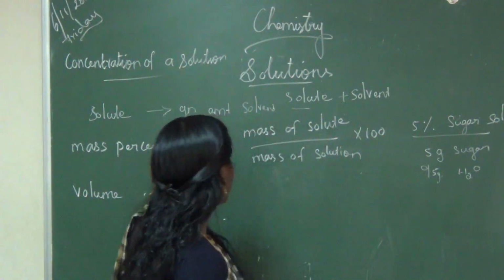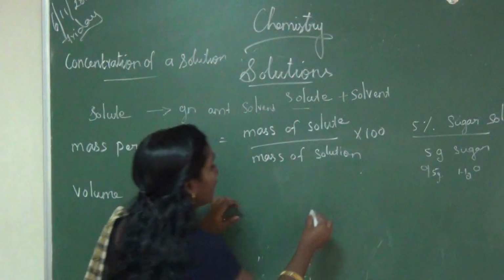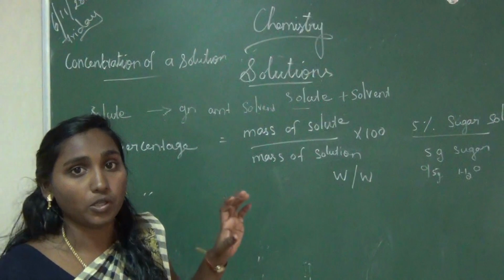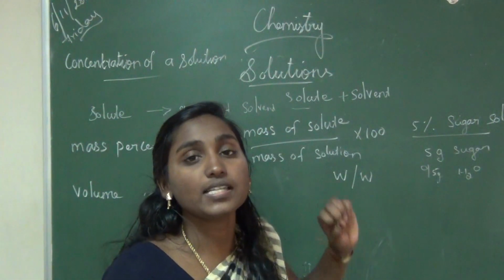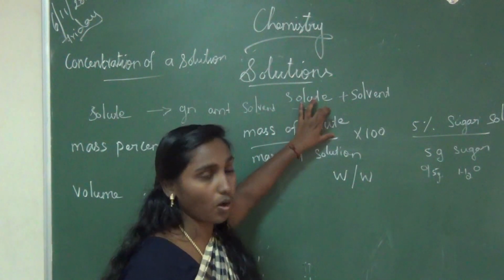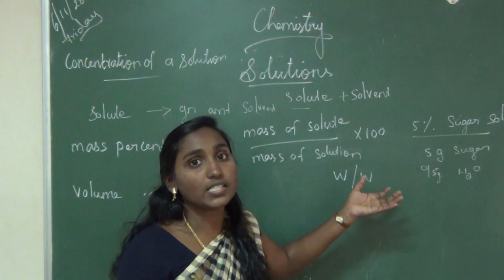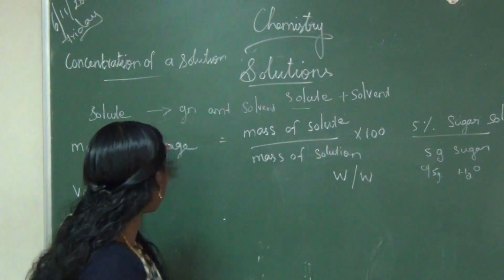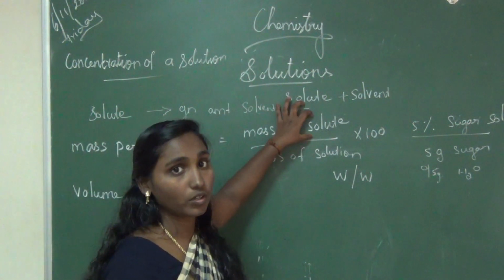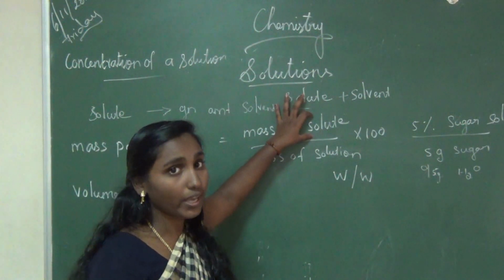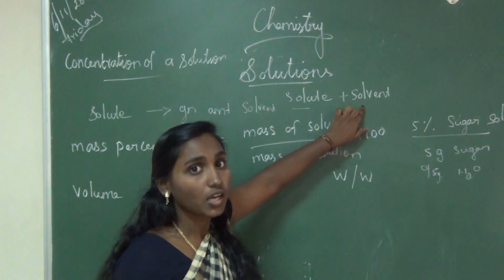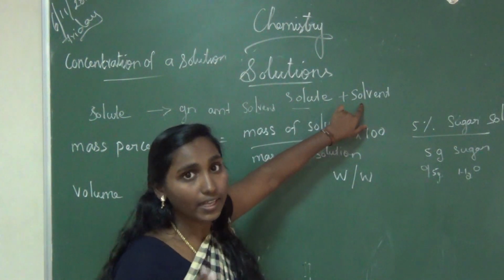This mass percentage is expressed by W by W, that means weight by weight. This mass percentage is mostly used when solute is solid, sugar or salt, and solvent is in liquid form.